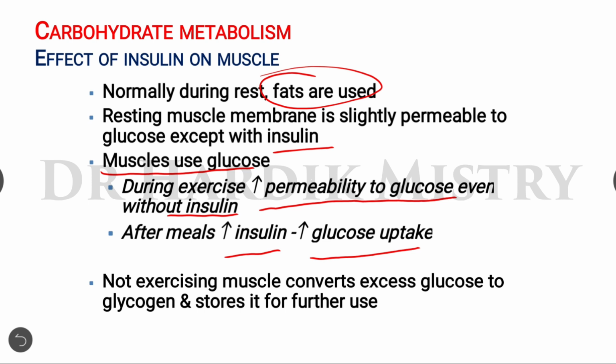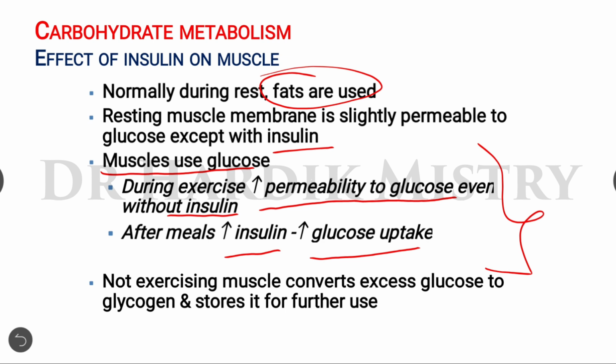And after a meal, when the blood glucose level increases, the blood insulin level increases too, and due to this insulin, muscle uptake of glucose is increased even at the resting condition. So that is what you have to understand.